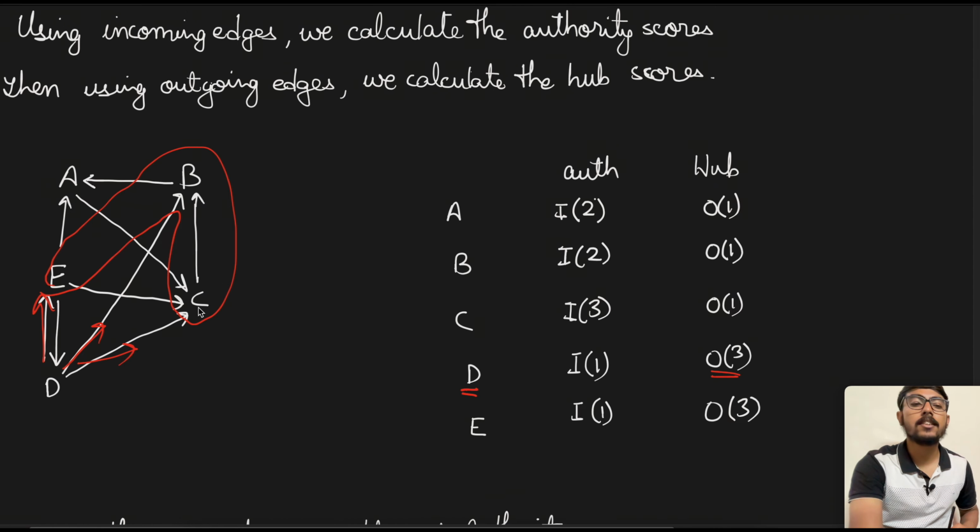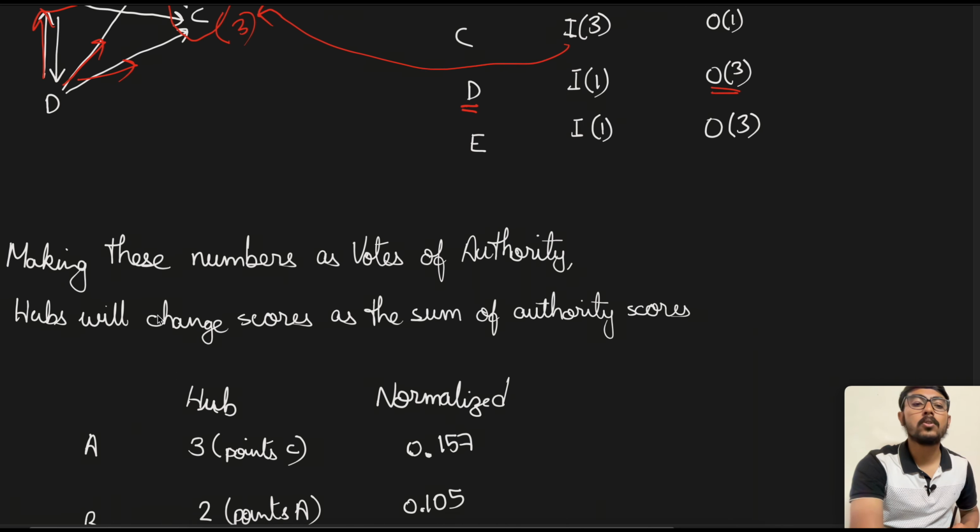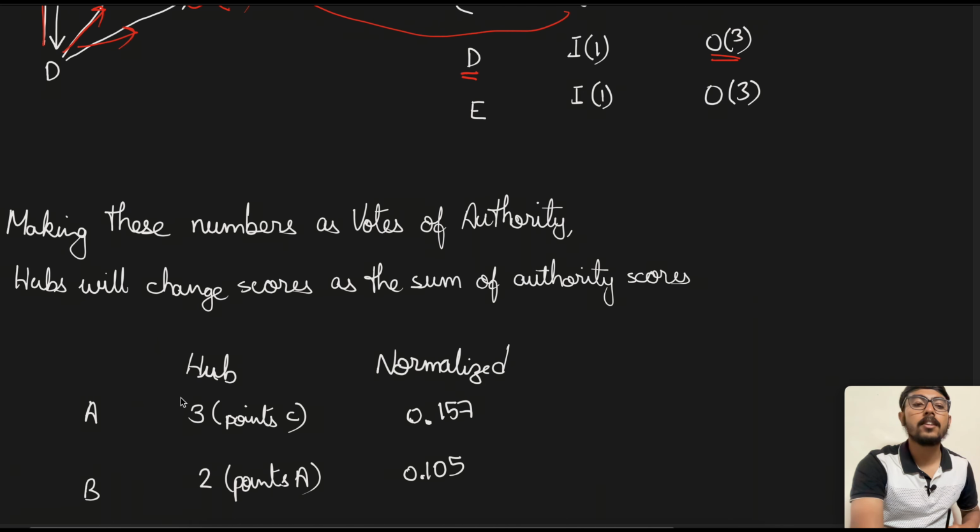So A has a score of this authority node, which is 3, and 3 comes from here, right? So this is leveraged to A as in the hub score. So the hub score of A is 3.